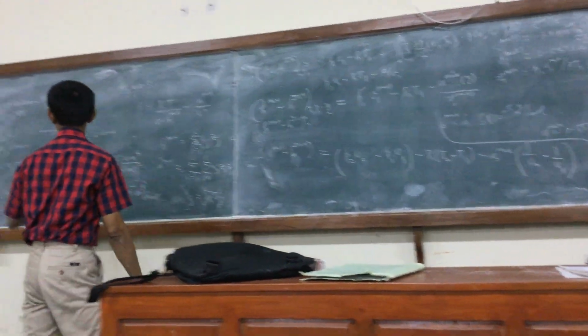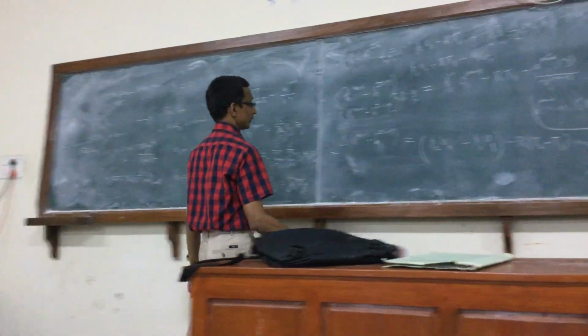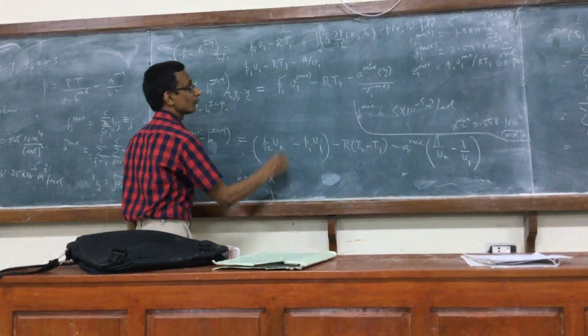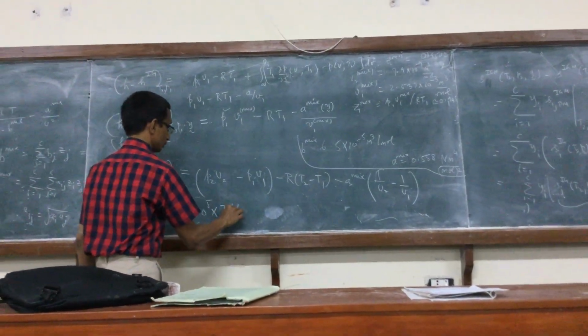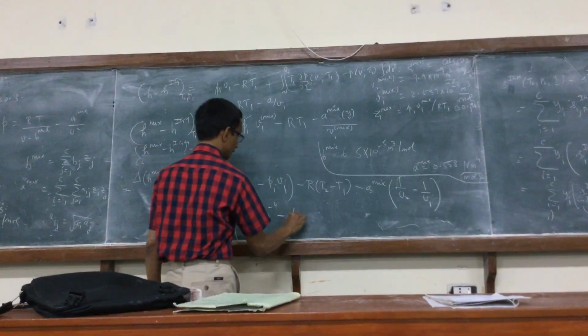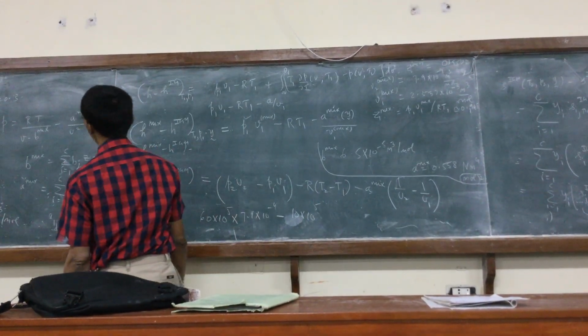So let's write it in the proper units. P2 times V2 would be 60 bars, so it would be 60 into 10 power 5. V2 I have 7.9 into 10 power minus 4, minus P1, which is 10 into 10 power 5. So units are very important.